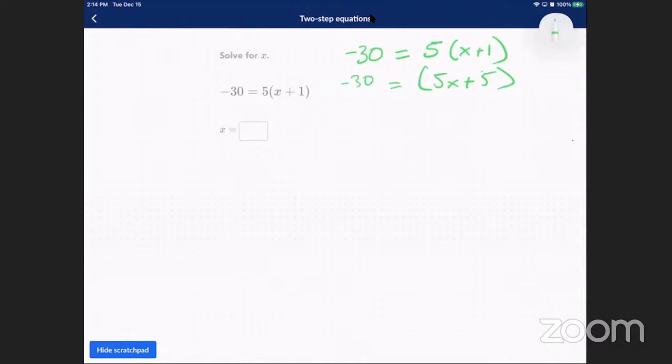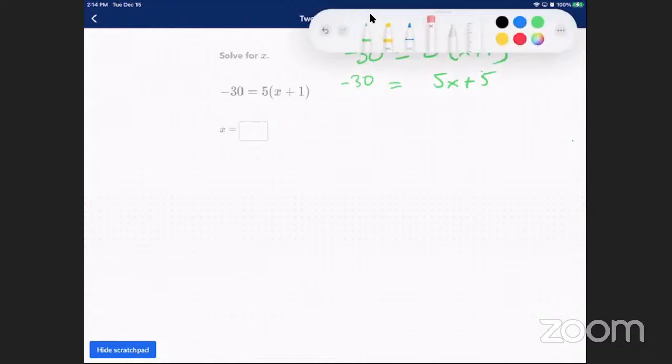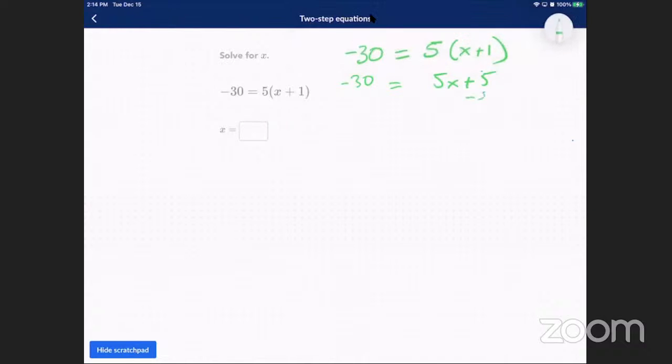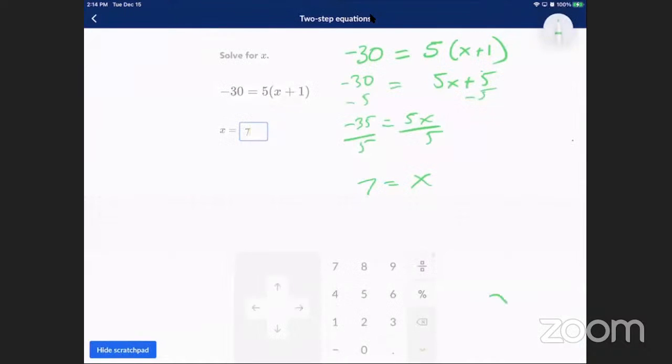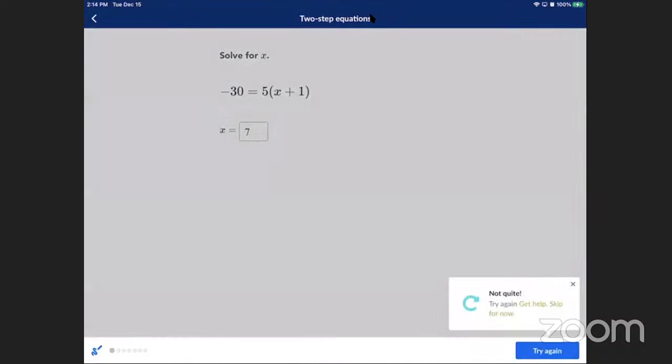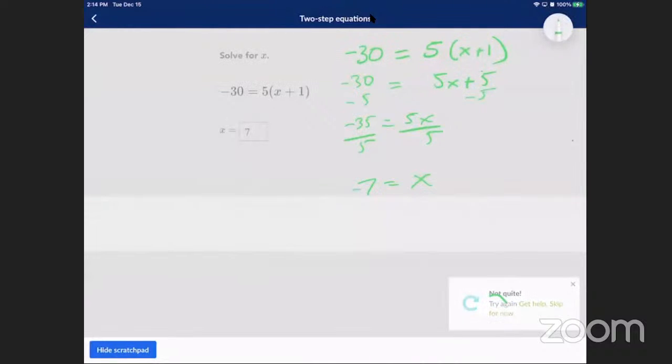Well, there's no parentheses there. Which would lead to -35.